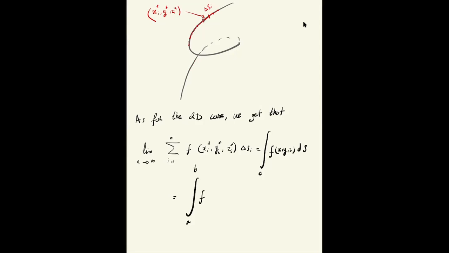The function is defined everywhere, but when you are on the curve, you have to evaluate the function on the curve, times the square root of x prime of t squared plus y prime of t squared plus z prime of t squared dt.